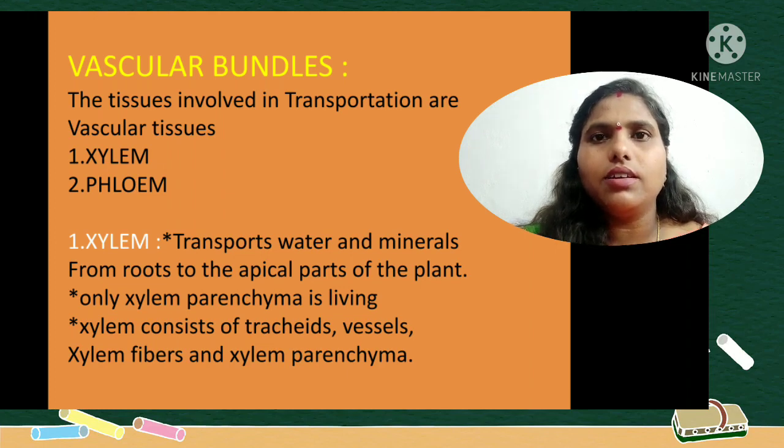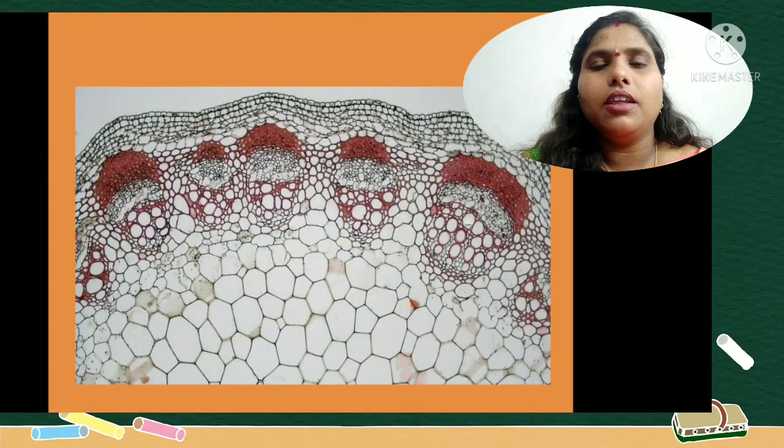Xylem vessels, tracheids, xylem parenchyma, and xylem fibers are present, but only xylem parenchyma is living tissue in xylem.